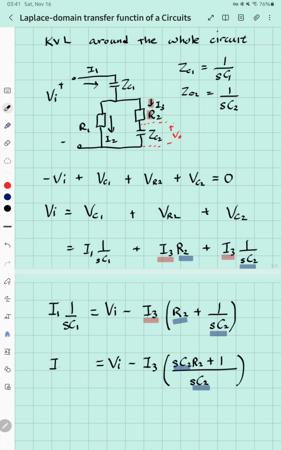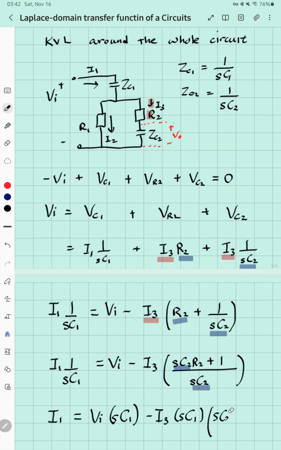And I'll still write down what was on the left. Now we can write I1 in terms of the rest is VI times SC1 minus I3. You still have to have SC1 times the whole thing is.